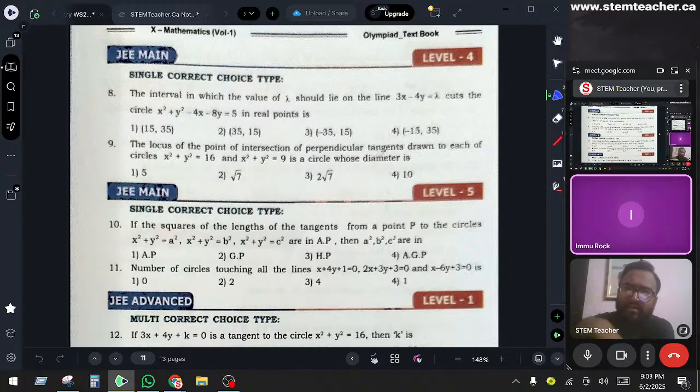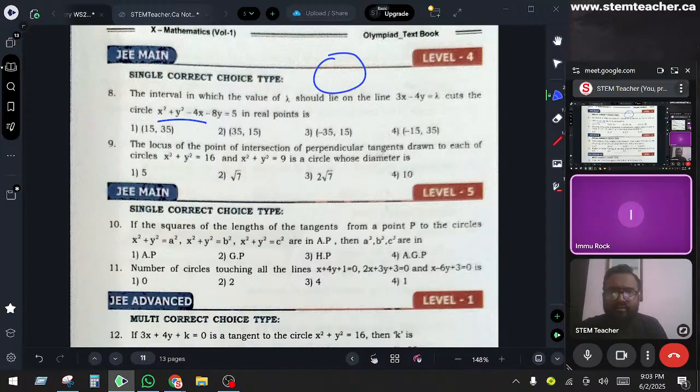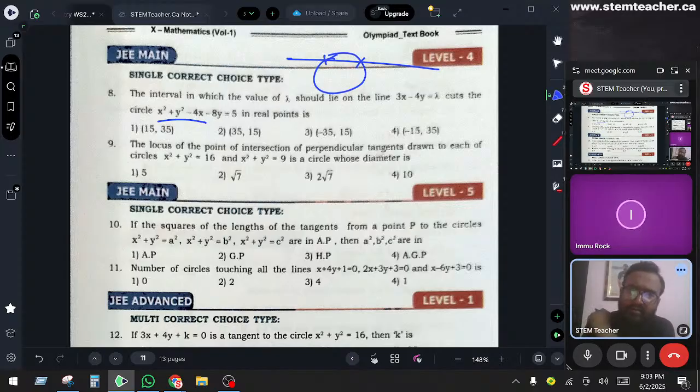For example, this is your circle, this is your line. Two real points में कट होने के लिए कंडीशन क्या है?